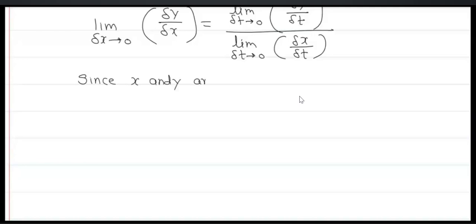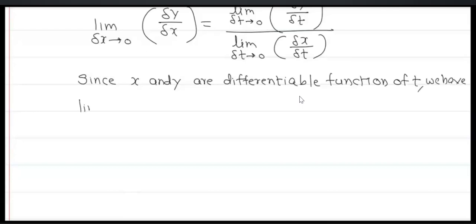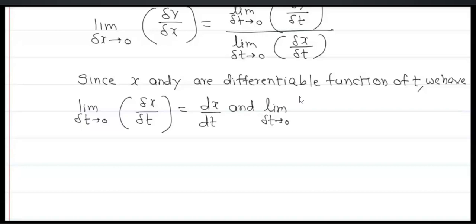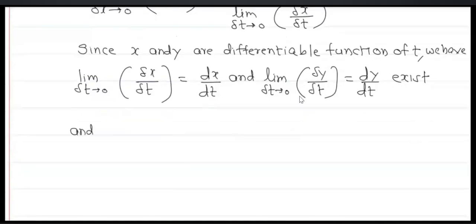Since x and y are differentiable functions of t, we have limit delta t tends to 0 of delta x upon delta t is equal to dx upon dt, and limit delta t tends to 0 of delta y upon delta t is equal to dy by dt, exist and are finite.